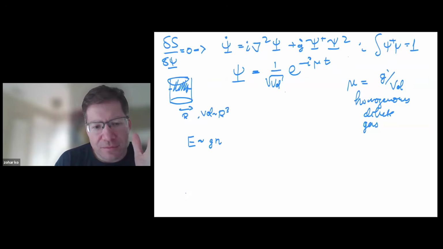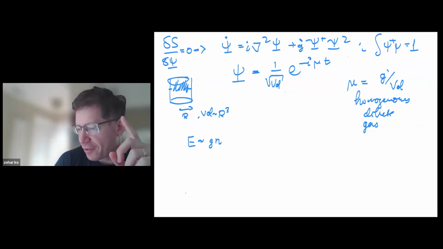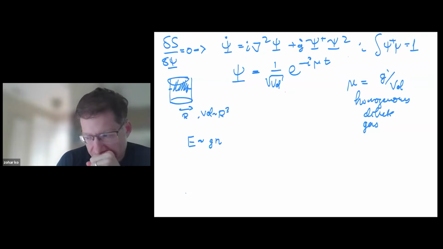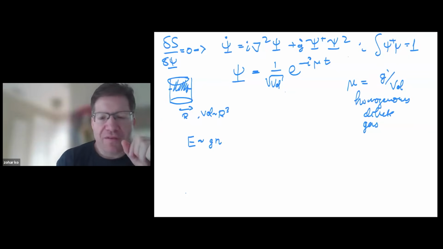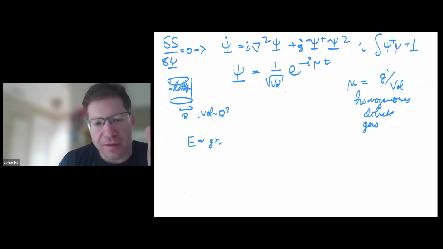Well, let me qualify that. It's trivial and non-trivial in two ways. So in what sense is it trivial? If the particles were not interacting, you just ignore their interaction, you would expect the energy to scale with the number of particles, right? And indeed, that's what we see. The energy scales with the density.